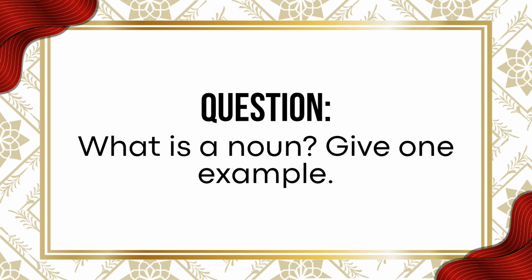Give one example. After presenting the question, I will spin the Digital Spin the Wheel to randomly select a learner who will answer. The wheel will determine who will respond to the question. Once the wheel stops and a learner is selected, the learner will be asked to answer.